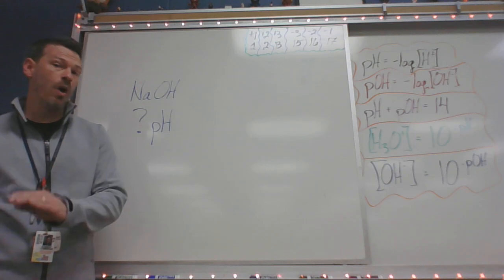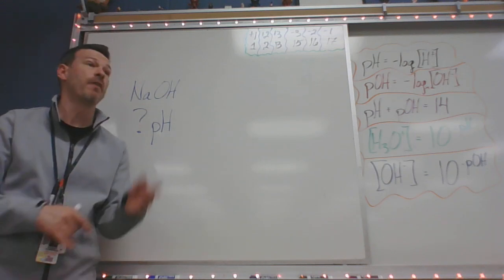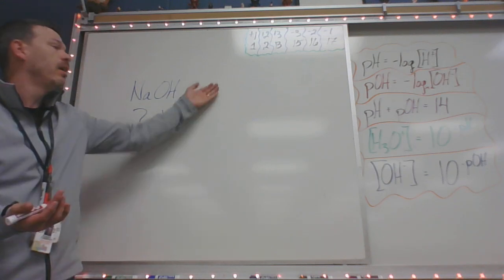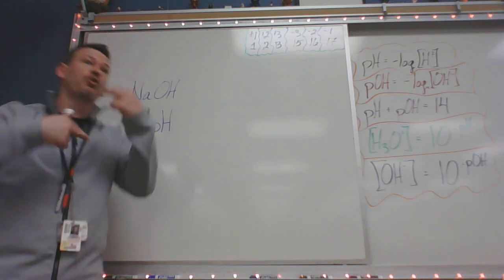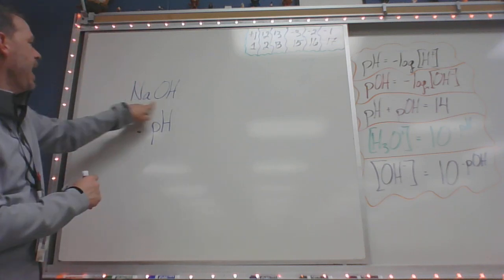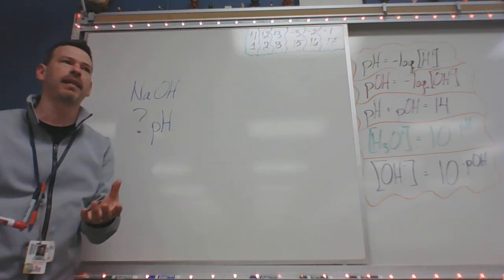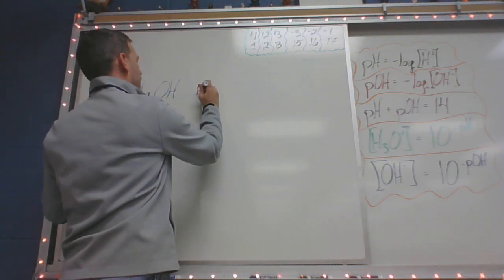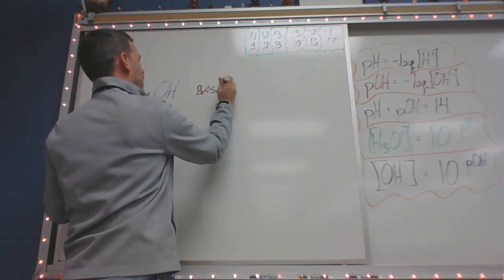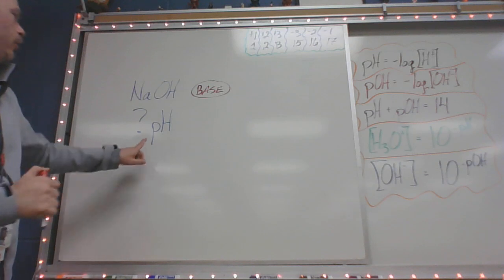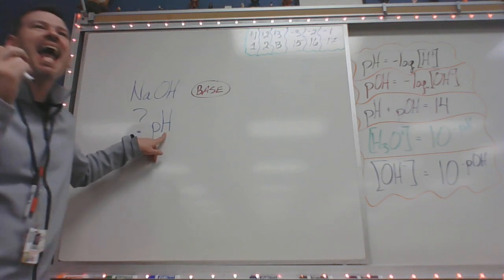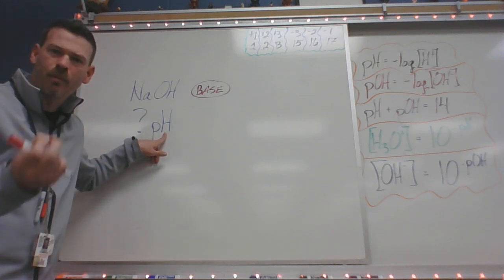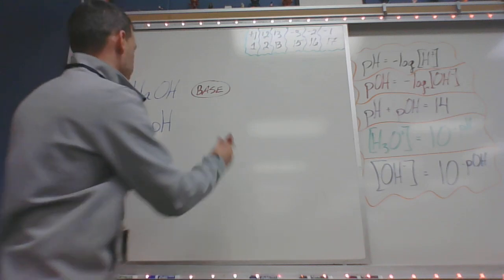Let's see if it's a one-step or two-step problem. The first one was a one-step problem because they matched. They were either both acids or both bases. Here we go. NaOH, is that acidic or basic? Basic. See the OH, hydroxide? So this is a base. Look at this right here. pH, is the H acidic or basic? Acidic.